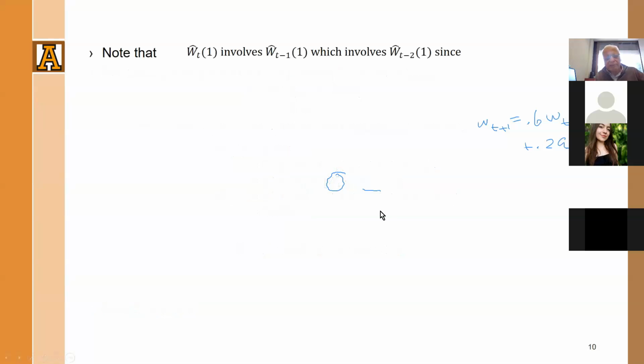Now, in general, we'll observe that WT hat 1 period ahead involves the optimal forecast at time T minus 1, one period ahead. And this in turn will involve WT hat at time T minus 2, 1 period ahead, which already gives you a sense of recursiveness.